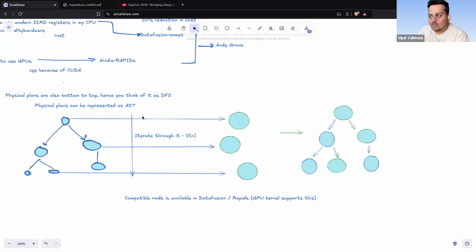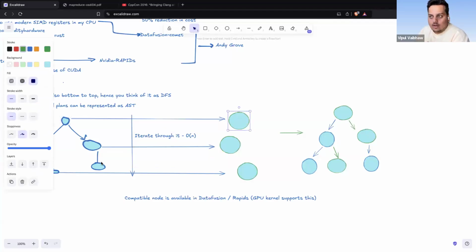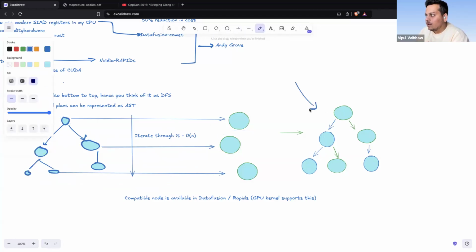So you have to translate this plan, convert this plan by iterating through the plan, seeing which nodes can be converted, right? If the nodes can be converted, you create a new plan, which is this. And in the new plan, the nodes which can be converted will be executed by Data Fusion. Else, it will fall back to your Spark.